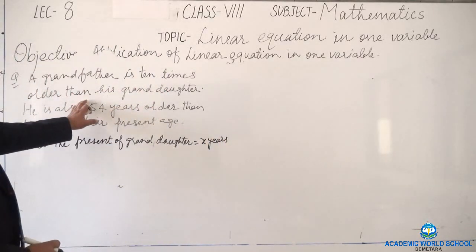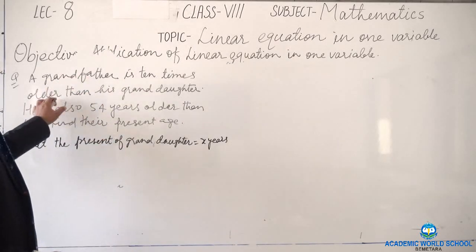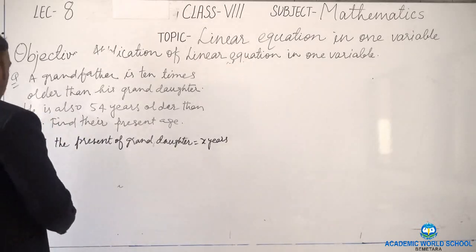Okay, if the present age of the granddaughter is x years, what will be the present age of the grandfather, because he's 10 times older?